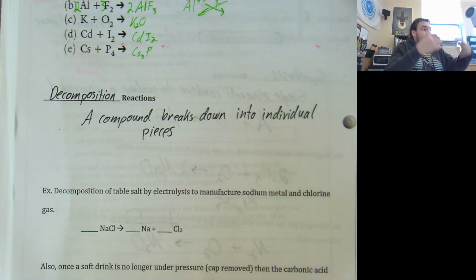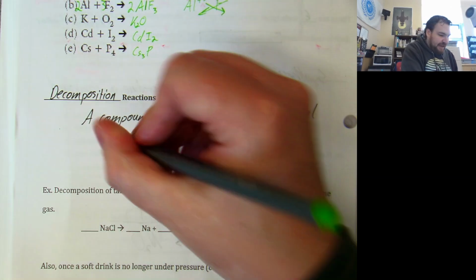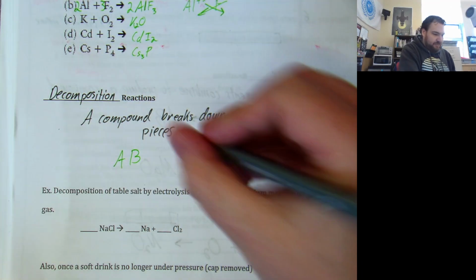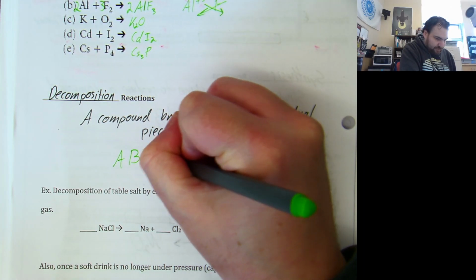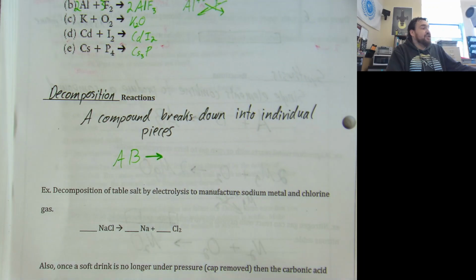And the compound can be anything. It can be a big, ugly carbohydrate, or it could be something relatively simple. The simplest version I can give you, let's say the compound has the formula AB. There's our compound. Generally, when we decompose something, something is doing the work.